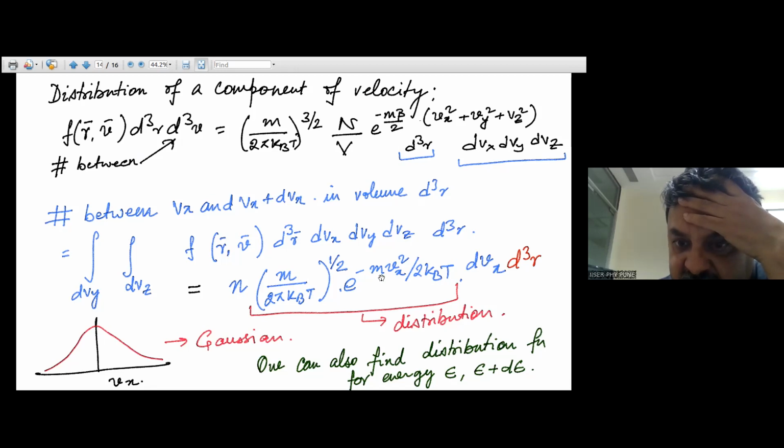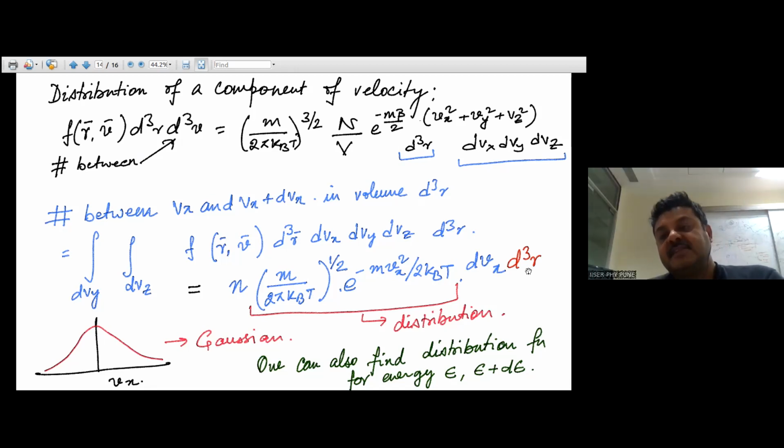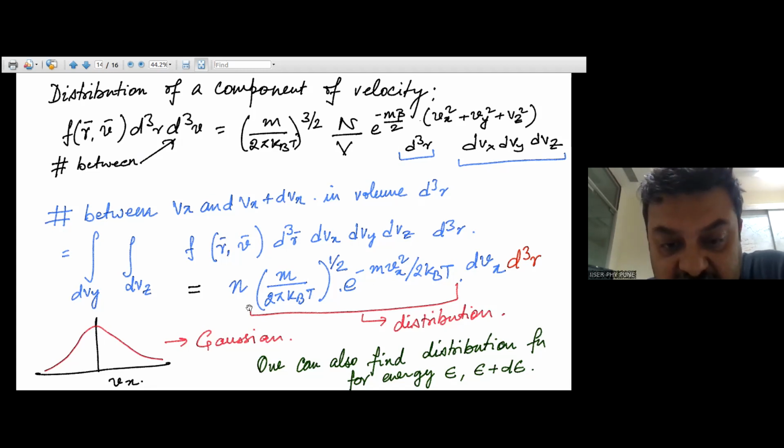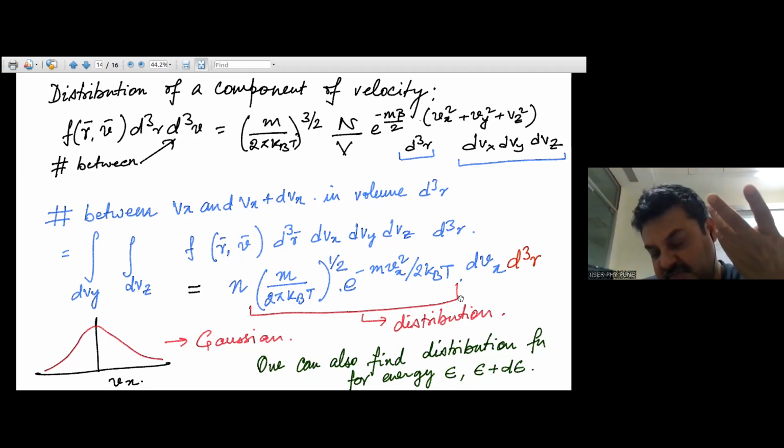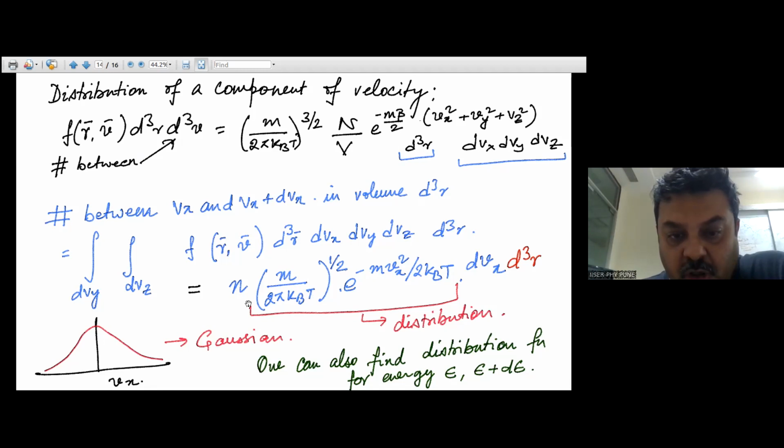E to the minus m vx square by 2 kBT dvx d3r. Now, if you want, put it over the entire volume, or per unit volume, whatever, the distribution function is essentially this quantity.